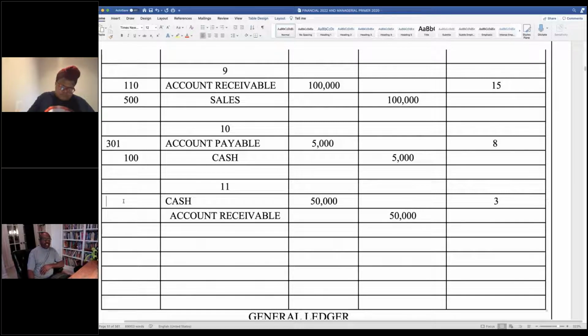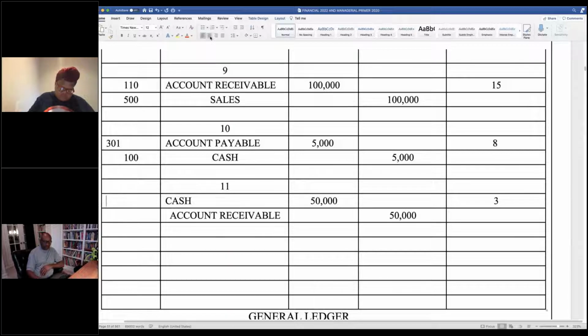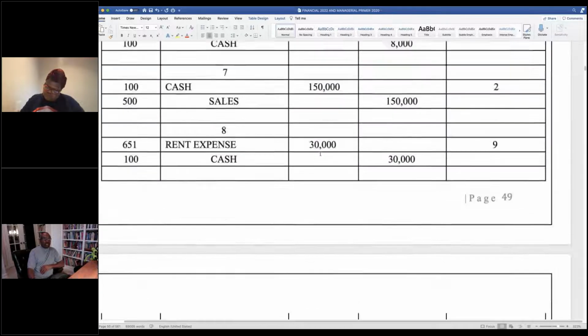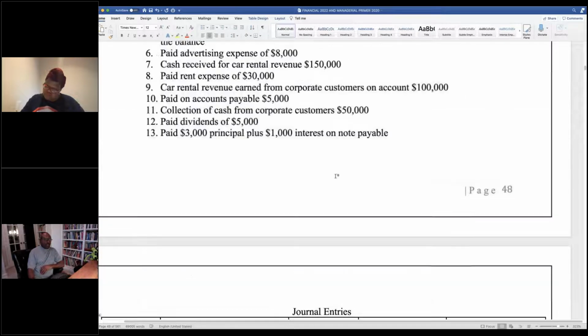We know cash is 100. What's the account number for accounts receivable? 110. Some of these accounts, cash and sales, you want to just memorize those numbers so you don't have to worry about looking them up all the time. We use them all the time.